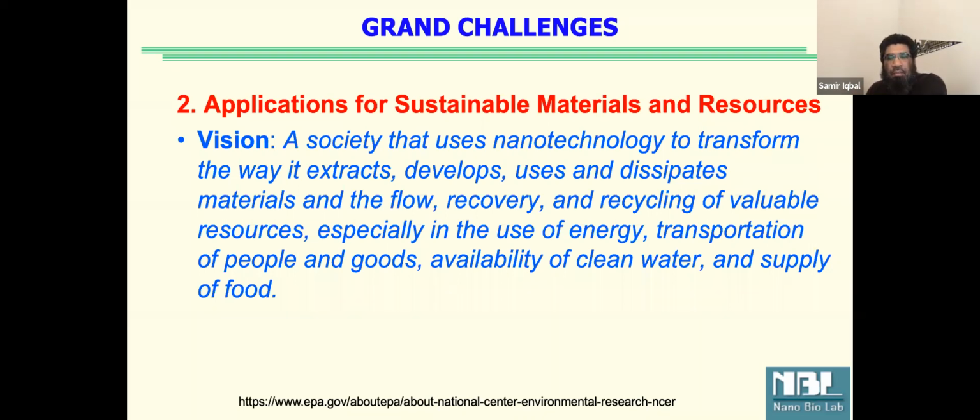Anybody else? Sustainability. What does it mean to you when you hear the word sustainable? So recycling. So we may be using something that's finishing, but can we use it in a way that we can recoup something out of it, or recoup the original thing back, and maybe keep on reusing it.